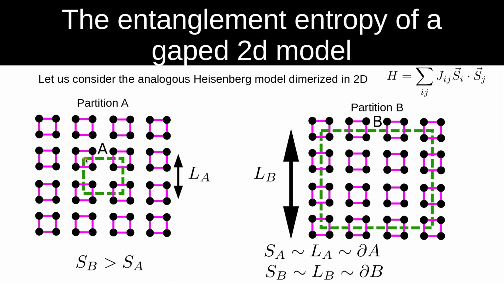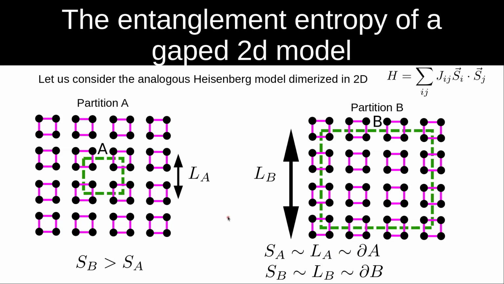And in particular, for bipartition A, you are cutting much less singlets than for bipartition B. What this actually implies is that the entanglement entropy for bipartition B is going to be much bigger than for bipartition A. And you can actually show that the number of bonds that you cut, which is effectively a number of singlets, is proportional to the length of the boundary of your bipartition, which we denote in this way.